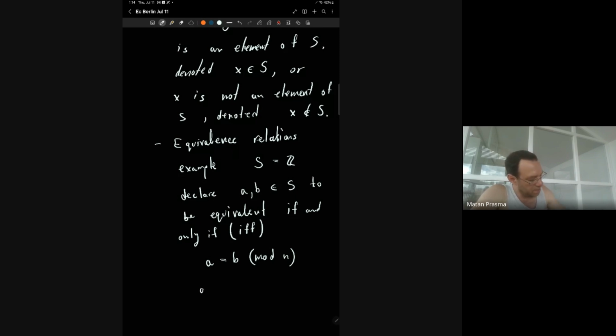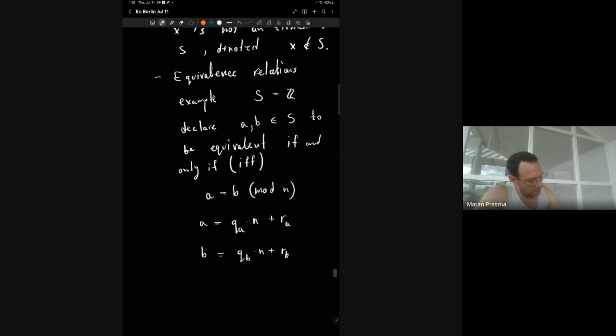I can always write A as some QA times N plus some remainder, let's say RA, and B as some QB times N plus some remainder RB. And A is equal to B modulo N, by definition, if RA is equal to RB as integers.